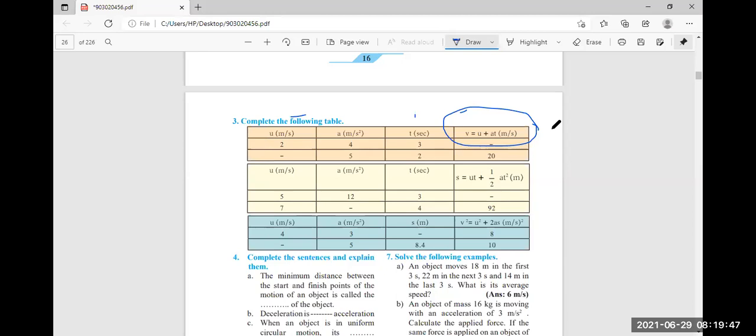Second equation. Is it first, second or third? Third. Second. Third. Okay. Second. Nilesh Kadam. Nilesh, is it the first, second or third? Kadam.